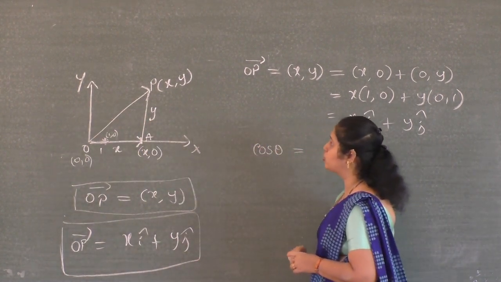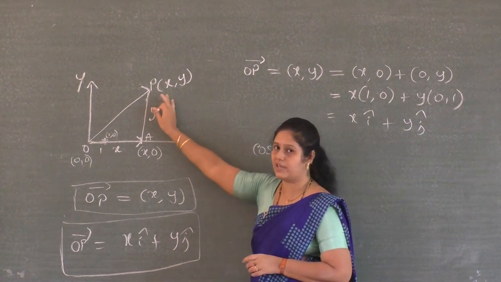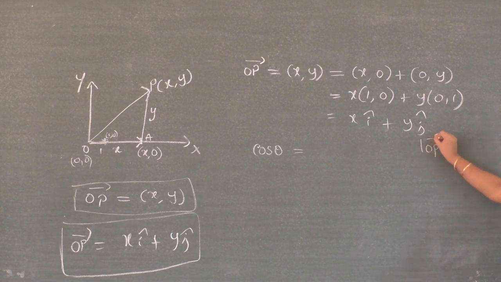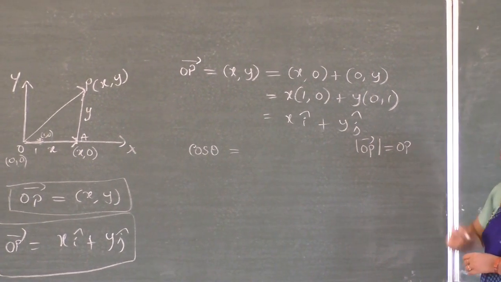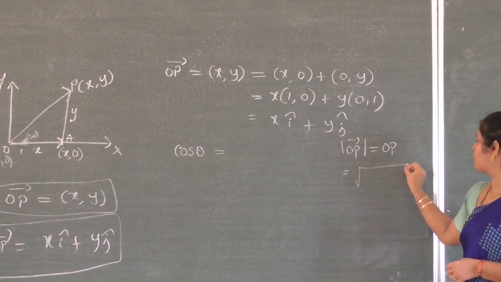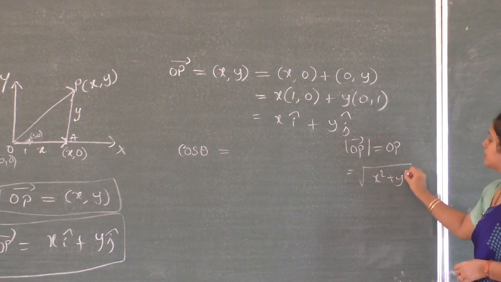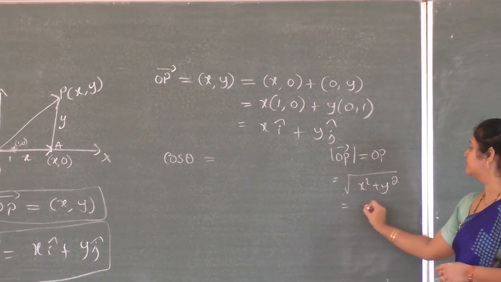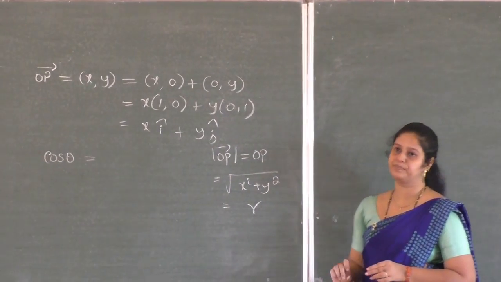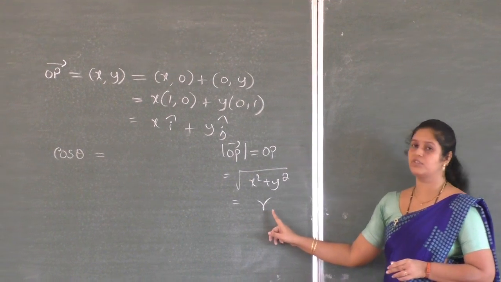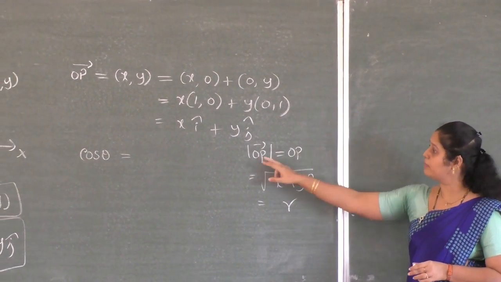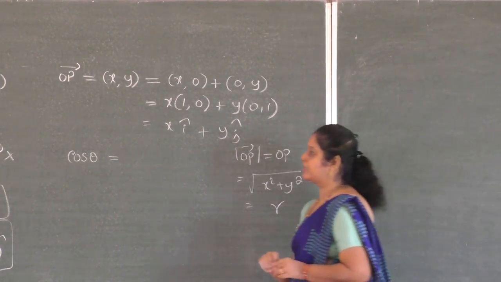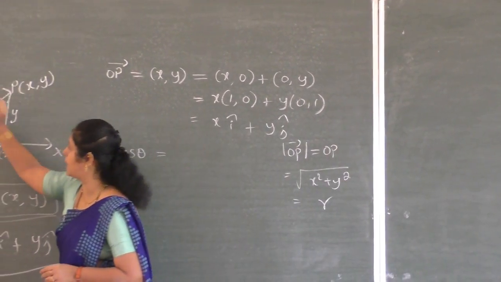So OP, or magnitude of vector OP, is square root of x square plus y square. Or I can call it R, let it be R. So hypotenuse is equal to R, the magnitude of vector OP. In the diagram, I will write R.